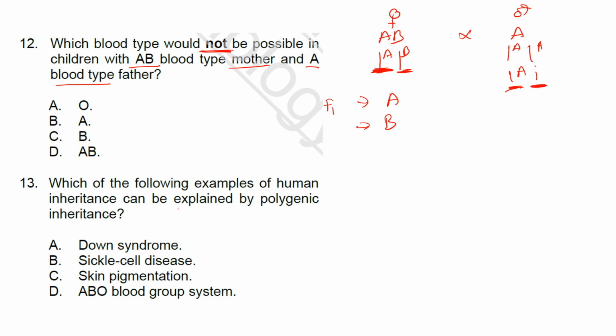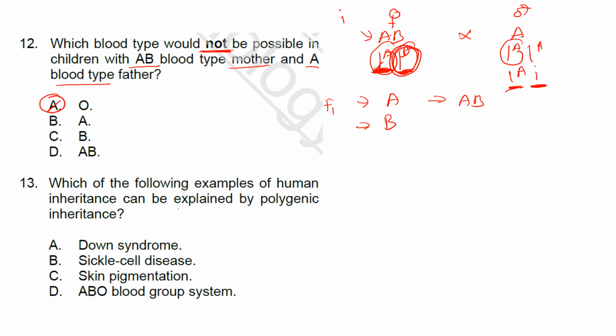The offspring can also be blood type AB, IB allele with IA allele. And that's it. The offspring cannot be blood type O because the mother does not have any recessive i allele. So the answer will be O.